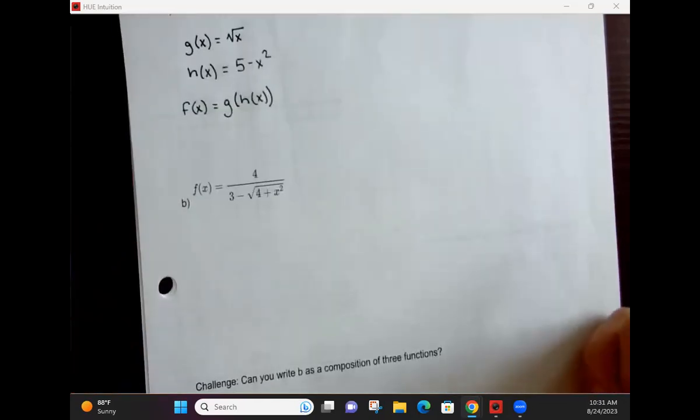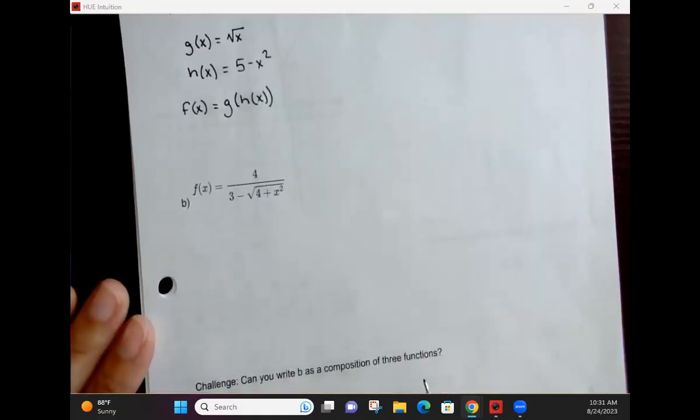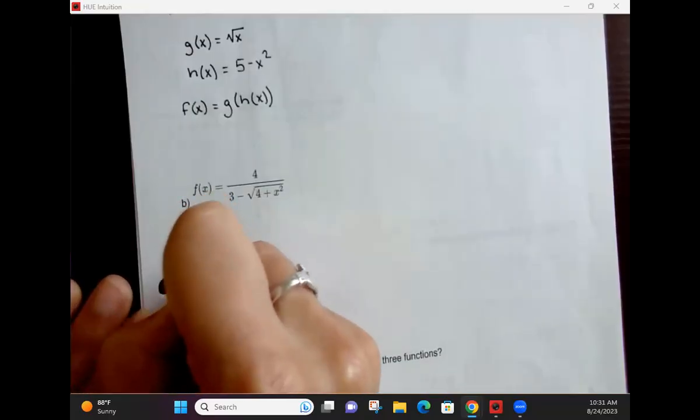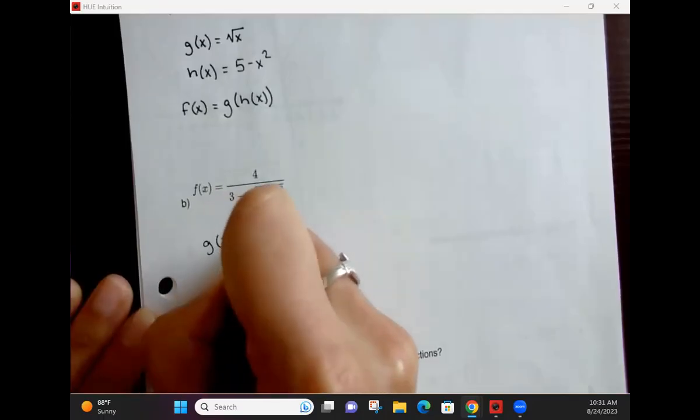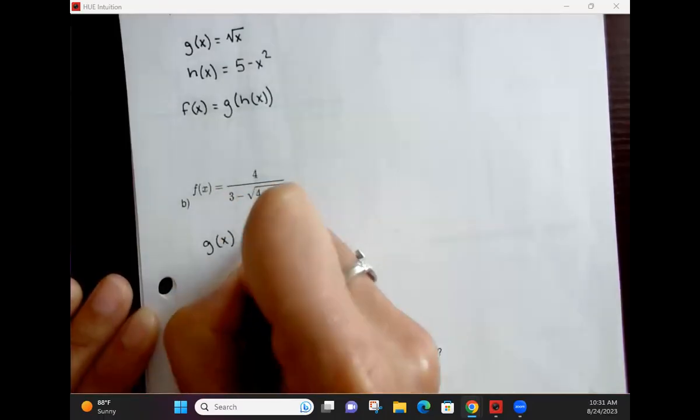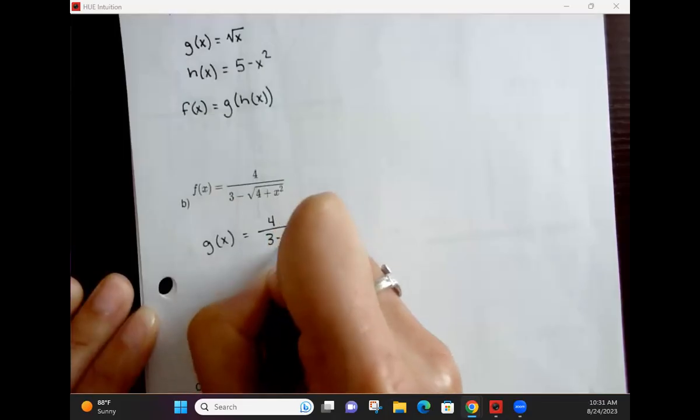D is a little extra nasty, right? It's a fraction, and then on the bottom, I've got a square root, and inside the square root is more stuff. So if I wanted to, I could write this as a composition of functions instead. So g of x, let's say, is 4 over 3 minus x.